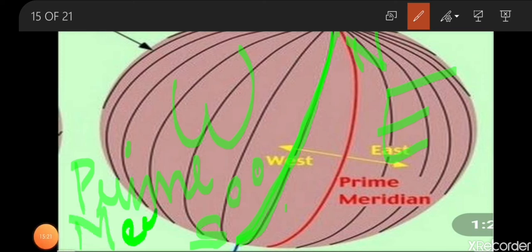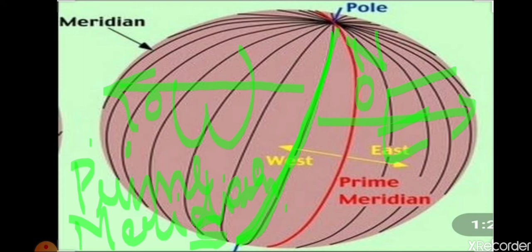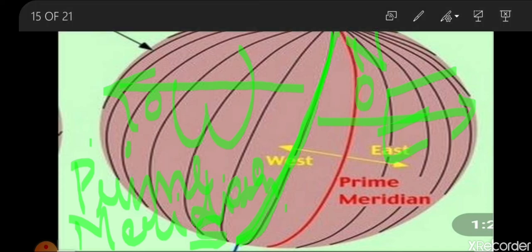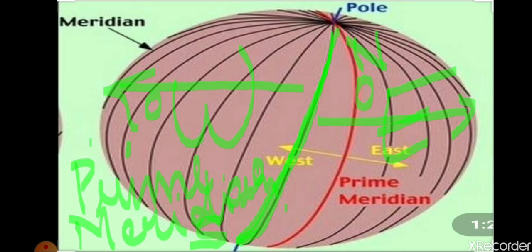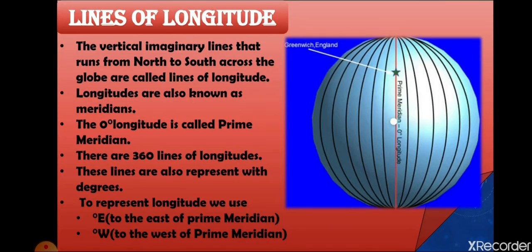The points to the east of the prime meridian are mentioned as degree east, and the lines to the west of the prime meridian are mentioned as degree west. So this is what we call lines of longitude, which we are going to learn further also. This is the North Pole and this is the South Pole, and this is the prime meridian, the 0 degree longitude. Now what are longitudes?